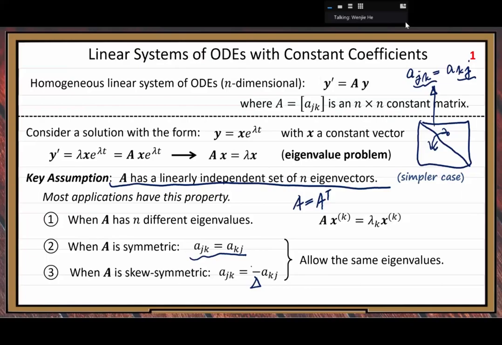So that's the key assumption we need. And for the second case and the third case, symmetric matrix and skew symmetric matrix, eigenvalues with multiplicity more than 1 are allowed.